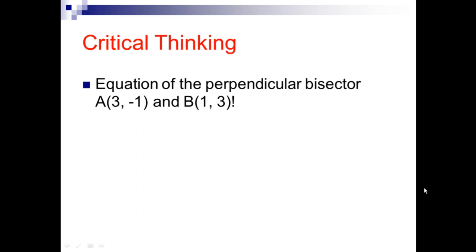How about the equation of the perpendicular bisector of A (3, -1) and B (1, 3)? Let's check the answer.